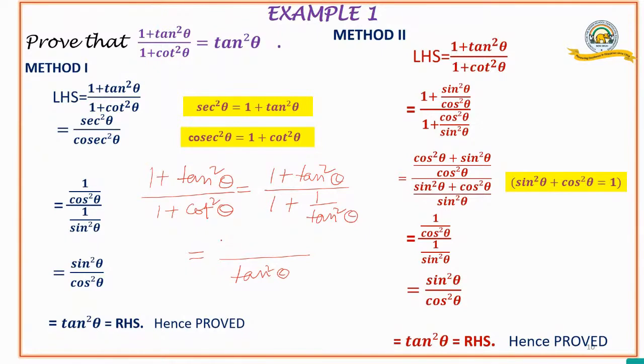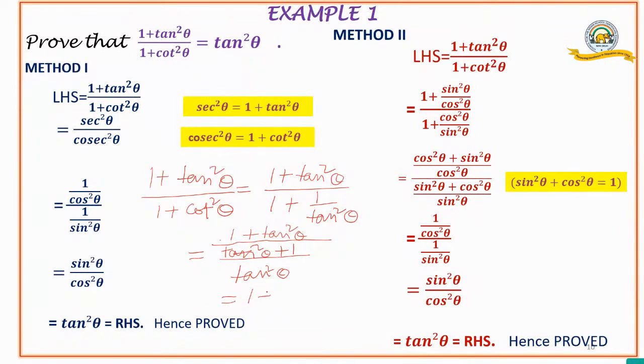So we write here, tan square theta plus 1. This is my denominator. Now what about my numerator? Numerator remains as it is. So what did I do? First I'm thinking what to do with my denominator. I took an LCM tan square theta. So tan square theta plus 1 is your denominator and the numerator remains as it is.